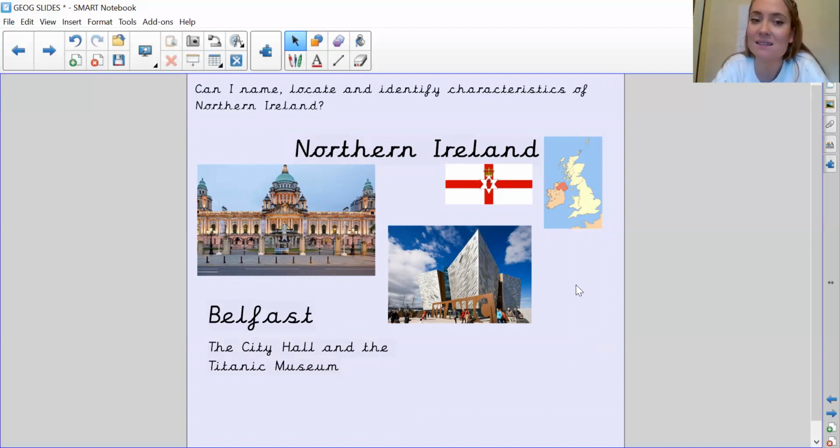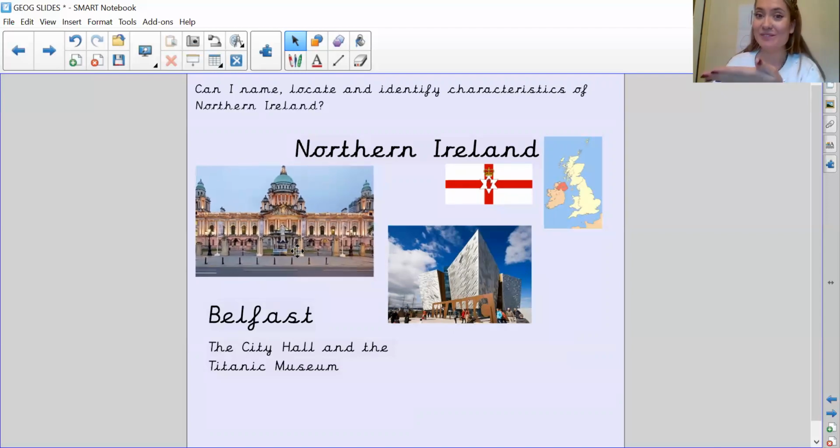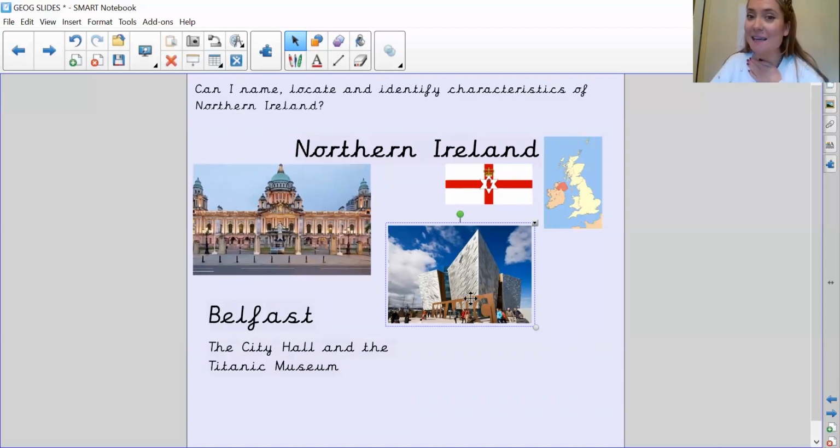That is because the Titanic was a big ship that was built a long time ago. And unfortunately, it hit an iceberg, which is like a huge piece of ice, and it sank. And they have a museum all about it because it was a very special ship. So we've got the City Hall, the Titanic Museum. Good.